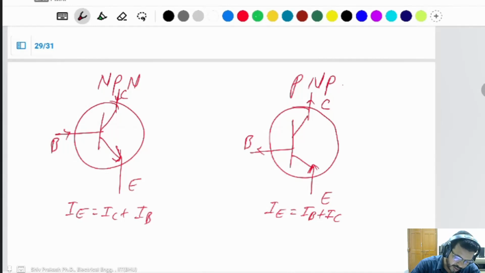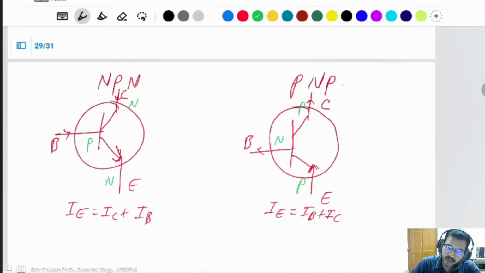NPN we can describe like this: N and P are the doping of the semiconductor, you can say negative and positive. This will be N, this will be P, this will be N. Then base to emitter has a PN junction.